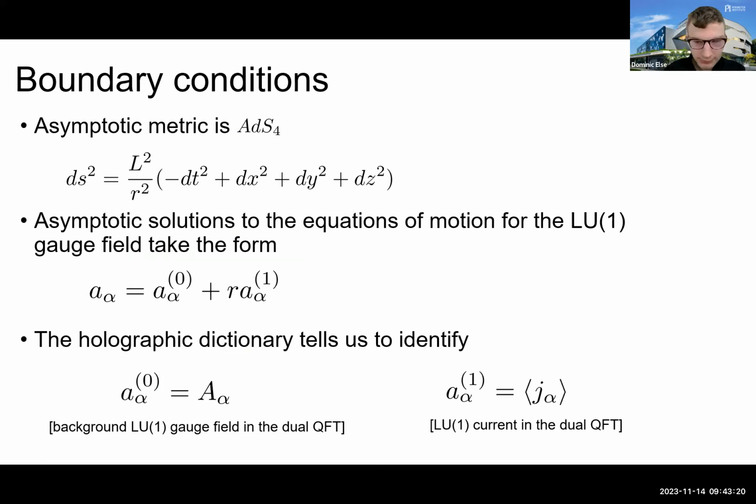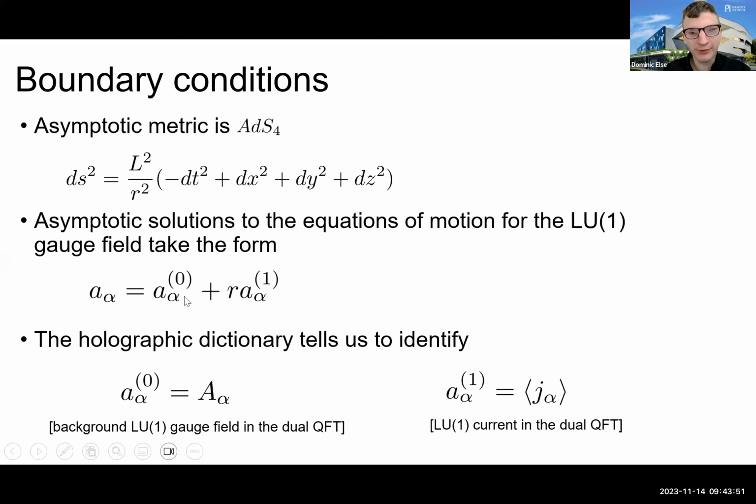And if you solve the asymptotic solutions to the equation of motion for the U(1) gauge field in this asymptotic metric, it looks like this, which is the same thing you would get for a theory without a Chern-Simons term. It turns out that the Chern-Simons term does not affect the asymptotic solutions for the gauge field, although it obviously affects it once you go away from the asymptotic region.